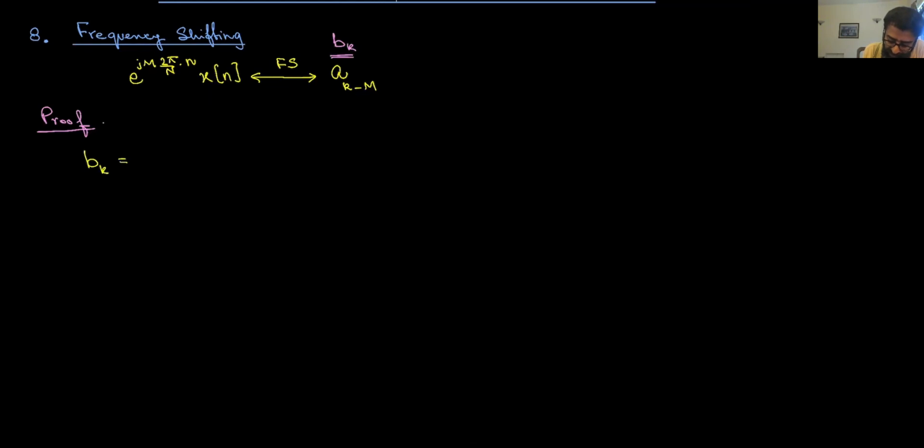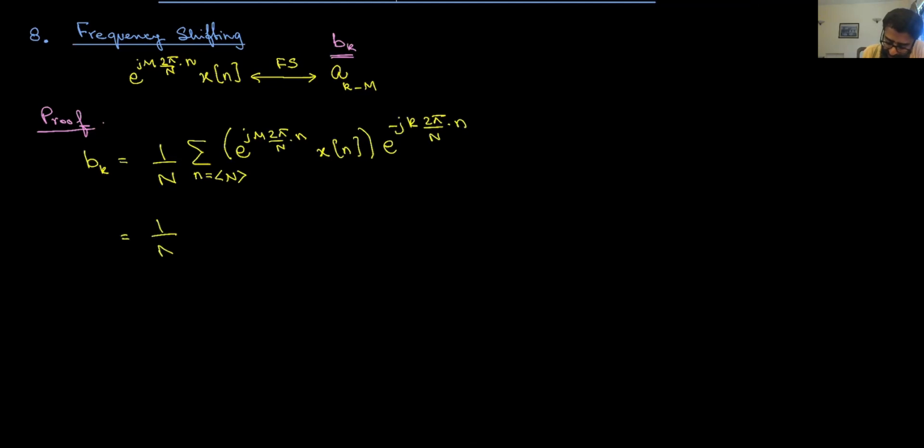By the analysis equation, b sub k is simply equal to 1 upon N. Remember, the period of this signal, which is the product of this times this, is once again capital N, because the period for this is capital N, the period for this is also capital N, and therefore the period of the product stays capital N. So 1 upon N, and then I sum over any interval of length N. This is the signal I'm interested in finding the Fourier series coefficients of, x of n, times, of course, e to the minus j k 2 pi by capital N times n.